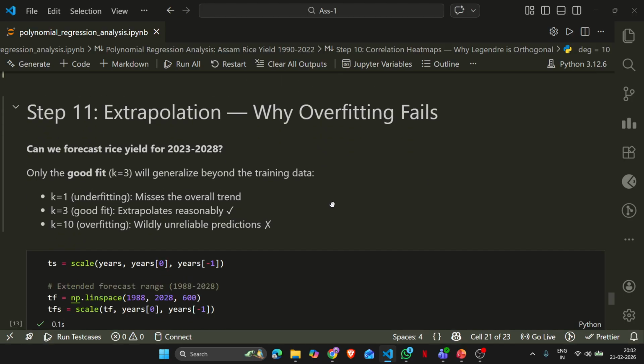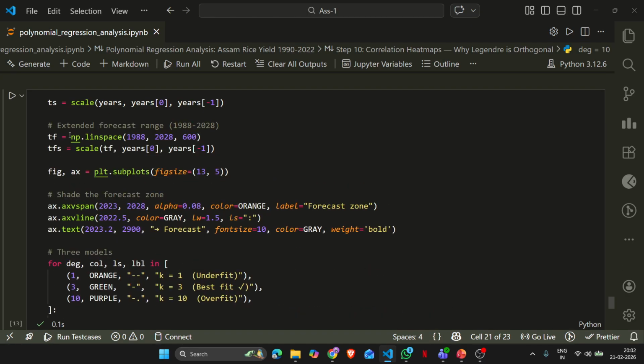So the final step is why extrapolation, why overfitting fails.